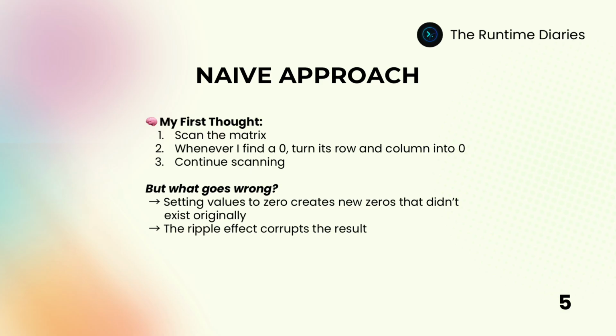Now, when you scan position 1, 3, you see a 0 you just created. So you zero out column 3, which shouldn't be zeroed. The corruption here spreads. You cannot tell which 0 belonged to the original matrix and which zeros you added. This is why this naive idea fails.